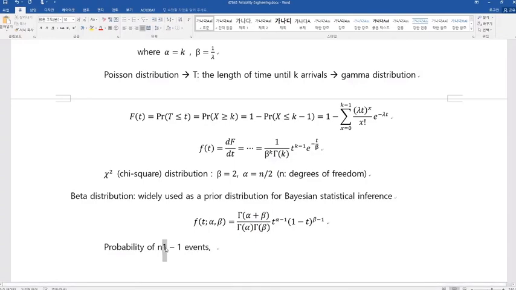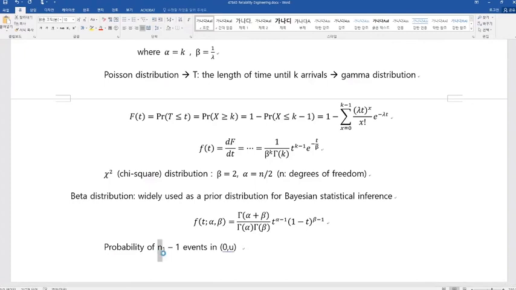This is the event that we would like to see, with the event that we are expecting. So first, n minus 1 events in time 0 to u.